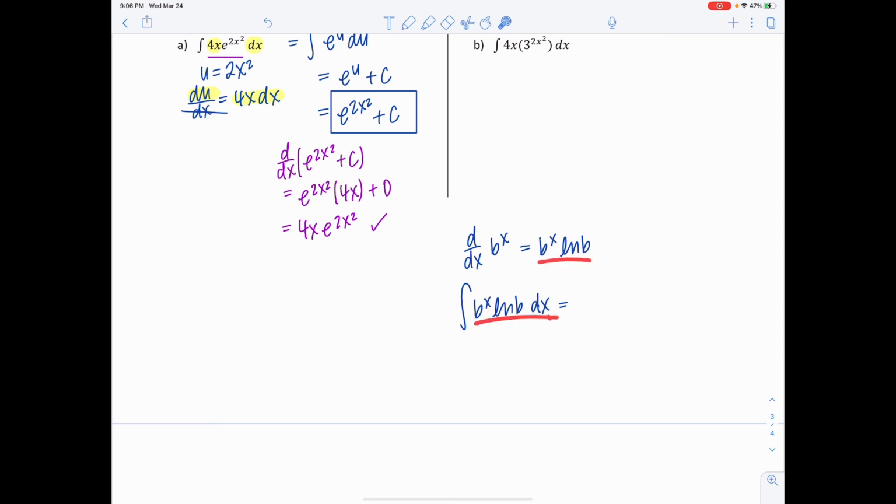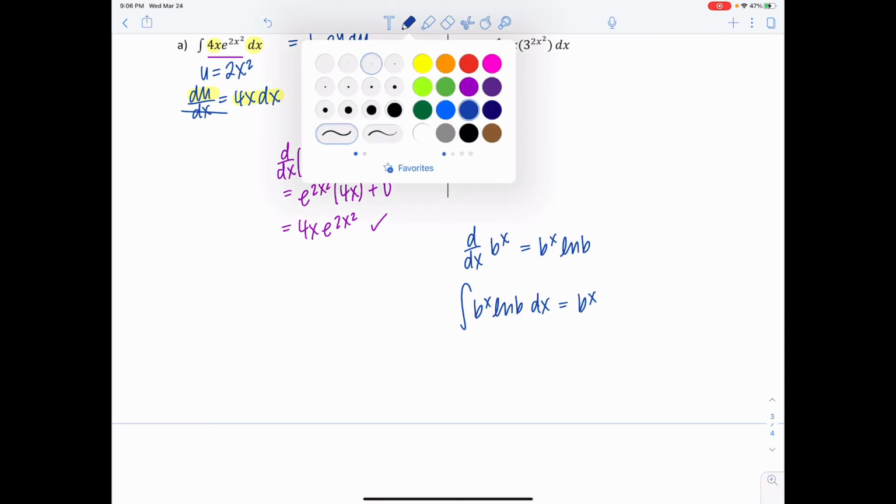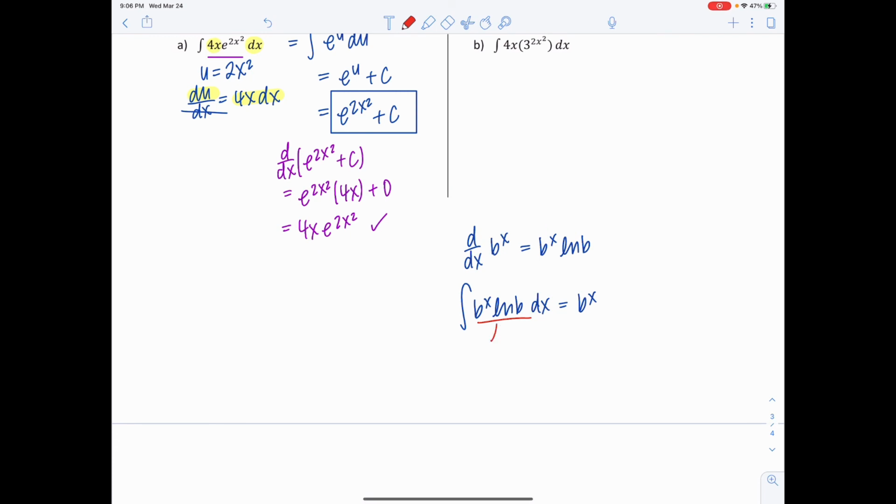The integral of the answer should be the original function, b to the x. Okay, but I want to know what the integral of b to the x is, not what b to the x ln b is. So if I want to get rid of this ln of b, I can divide it out from the integral. And since this is an equation, if I divide on one side, I also have to divide on the other side.